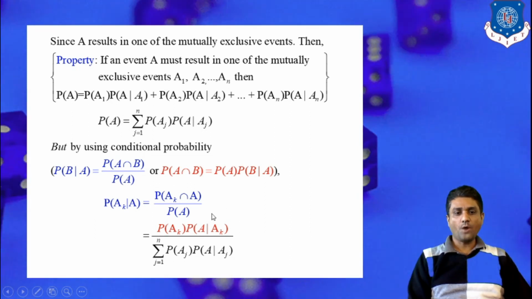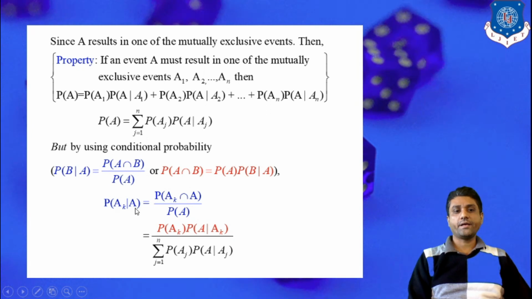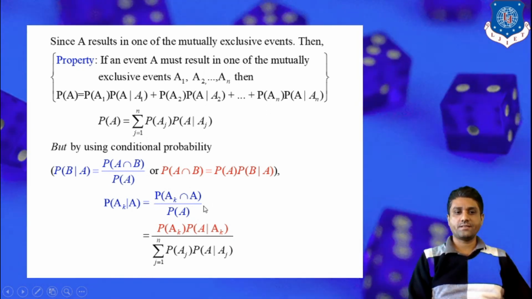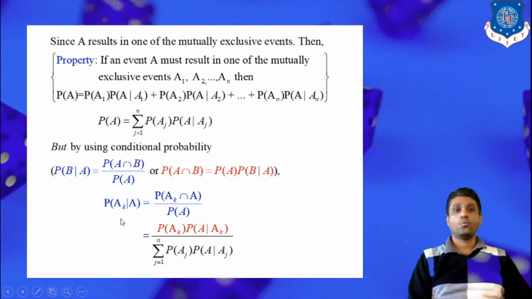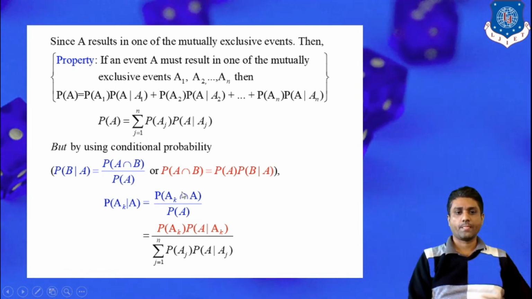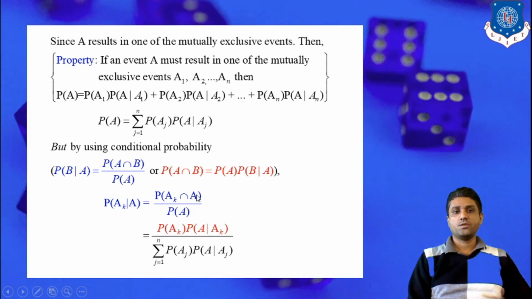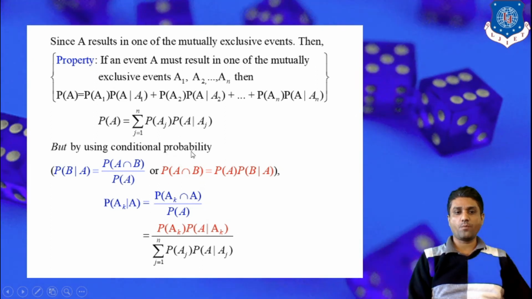By the help of the conditional probability, probability of AK given A is written as probability of AK intersection A upon probability of A. This formulation we obtain with the help of conditional probability. Now for probability of AK intersection A, again we use the multiplicative form of conditional probability.